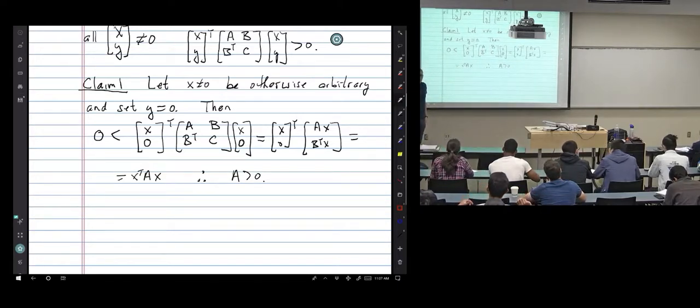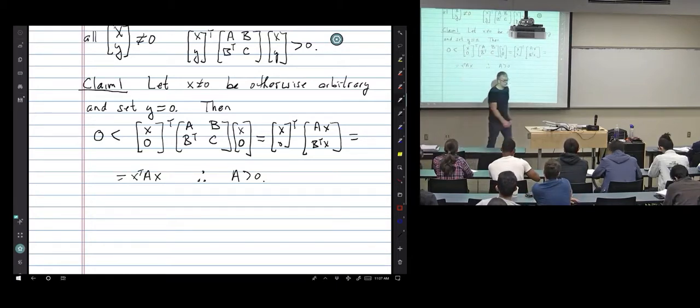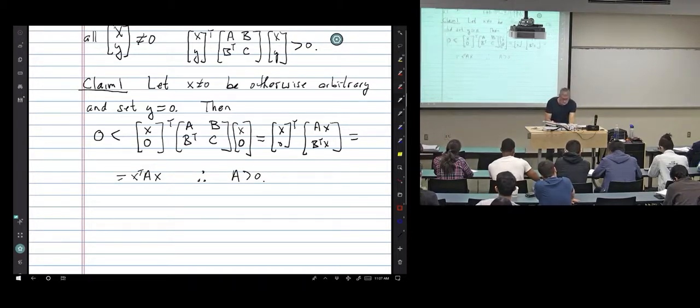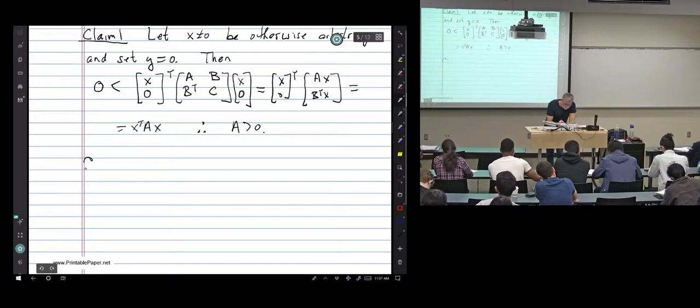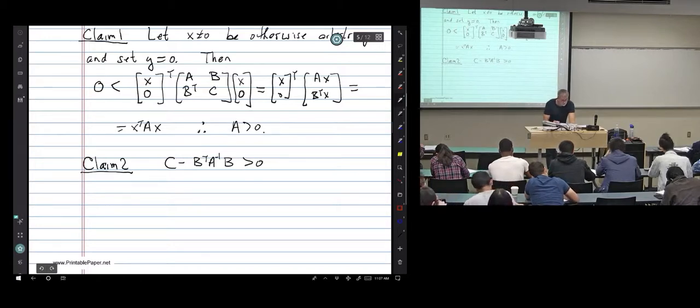Questions on that? How do we get this other one, okay? Because if we just wanted to show C positive definite, we do the same trick, but we need C minus something. So that one's a little bit harder. So claim 2, C minus B transpose A inverse B is positive definite.